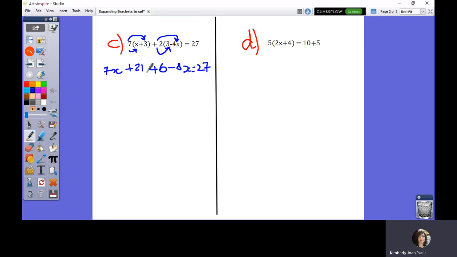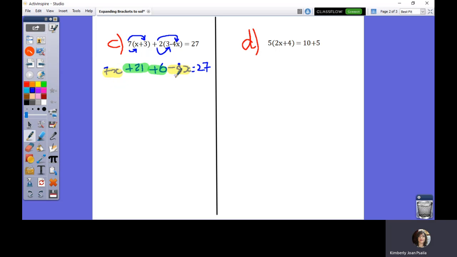So there I have opened up my bracket. Now you can collect like terms, so it will be easier for you to identify your equation. So here I can collect those two.